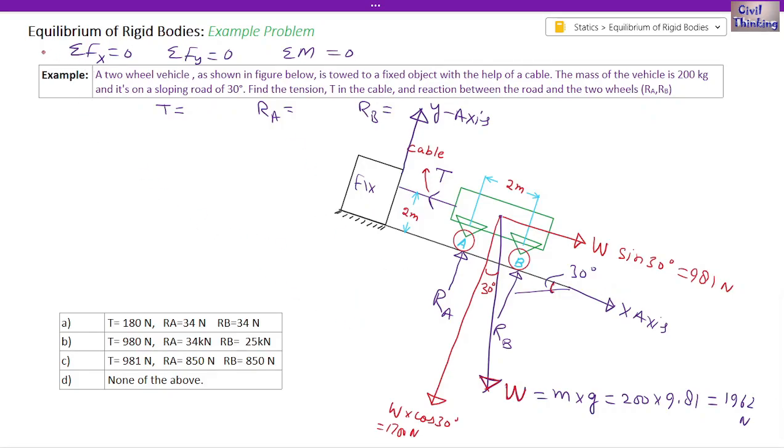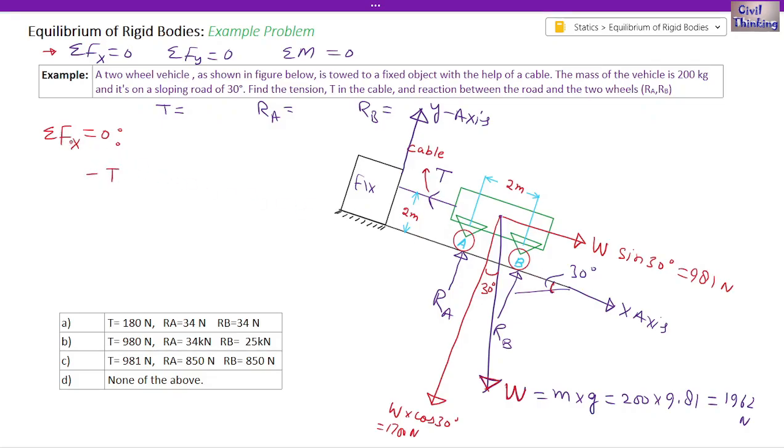Now let's apply first summation f of x. Summation f of x is 0. Summation f of x means sum of all the forces in the x direction. Since towards the right is the positive x axis, anything opposite to the x axis is negative. Now T is opposite to this, so it is negative, minus T, because T is in the x direction.